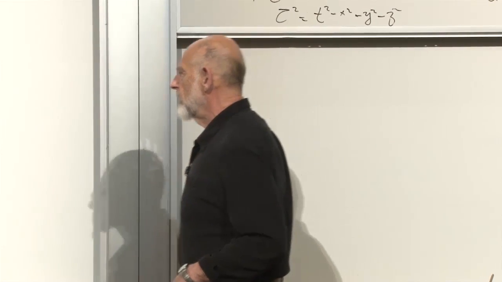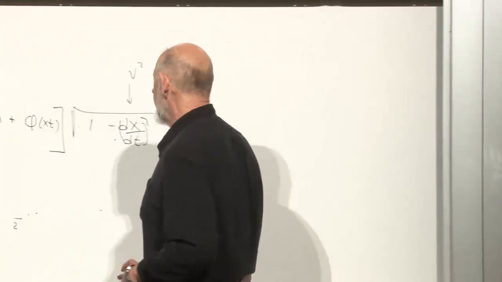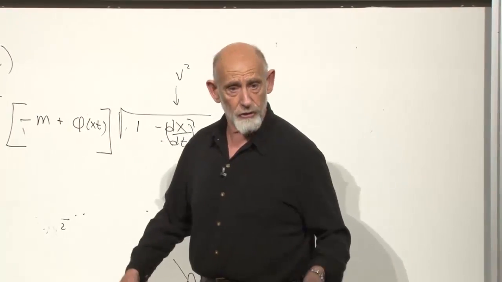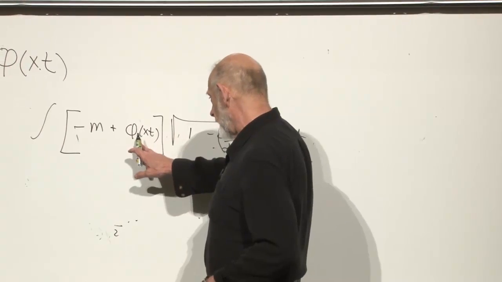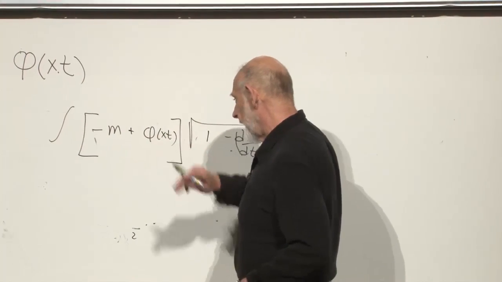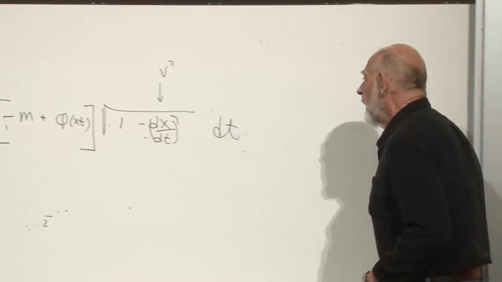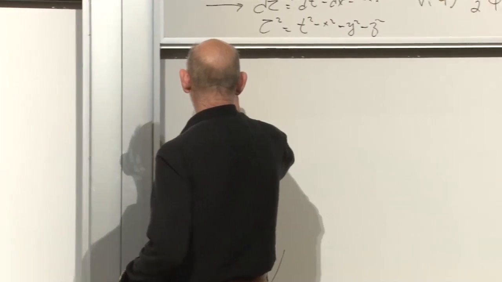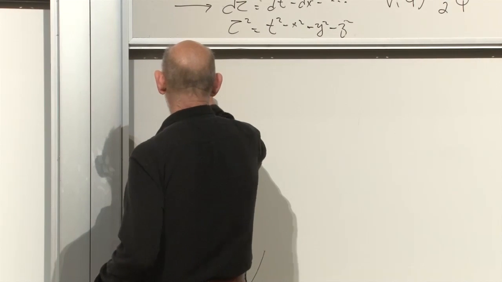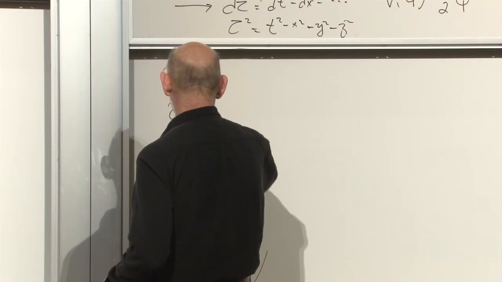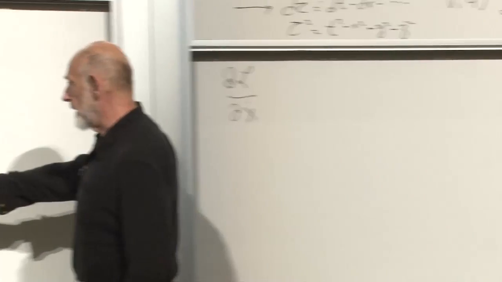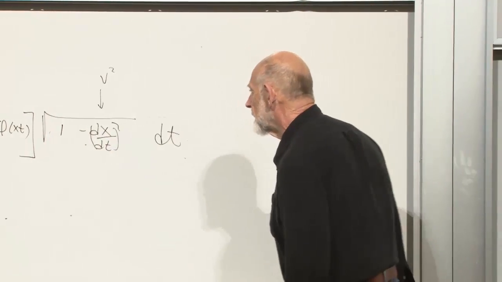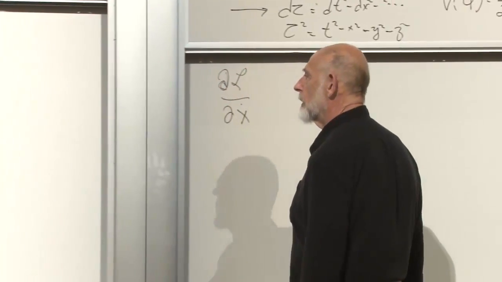Okay, so here's the Lagrangian. And phi now is just thought of as a function of x, a function of the position at a time t. All right, so the first thing to calculate is the partial derivative of the Lagrangian with respect to x dot. Here's x dot right here. What is that?